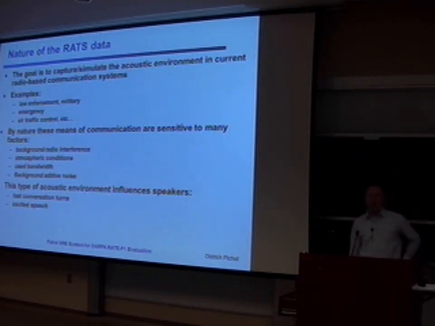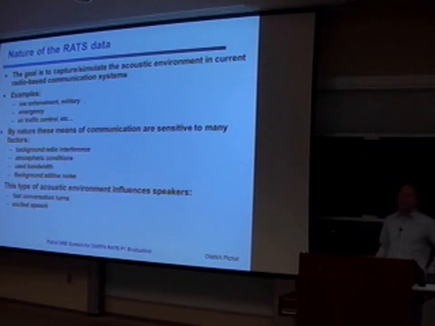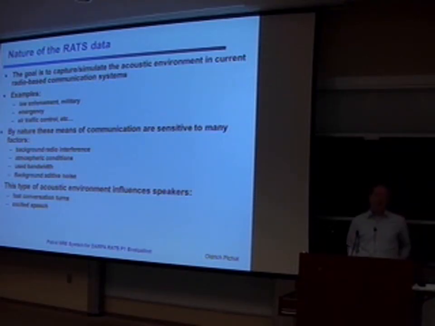The most important are the background radio interference, which can really screw up your data. Then even if the atmospheric conditions change, it introduces other channel distortions, and the bandwidth you have available for transmitting is also very important.